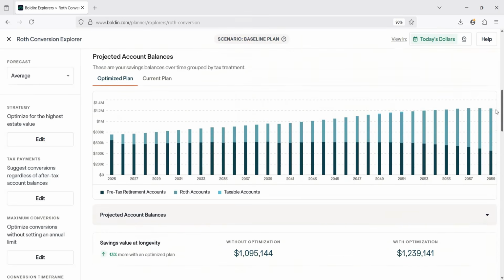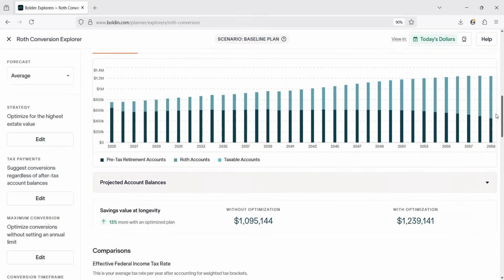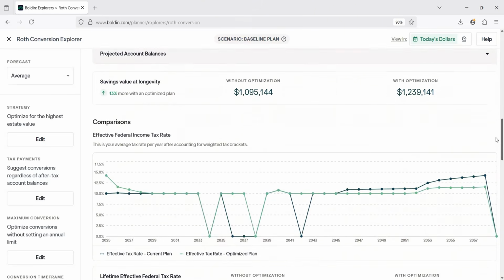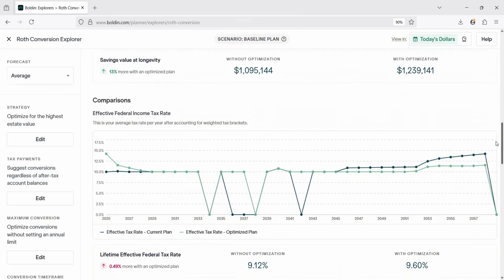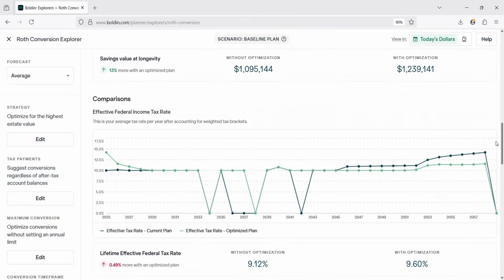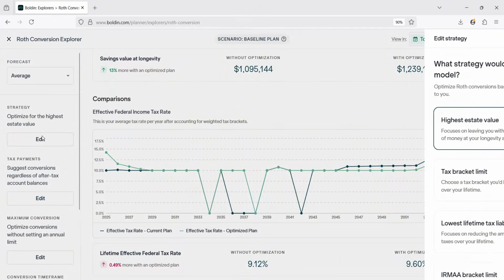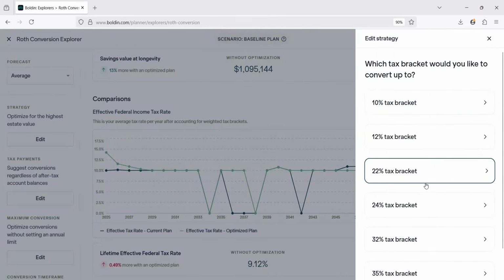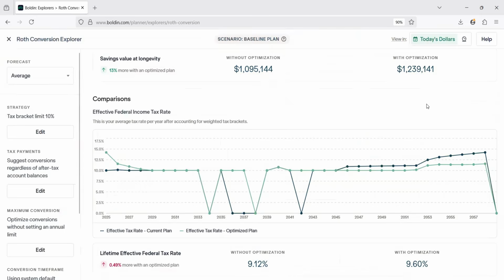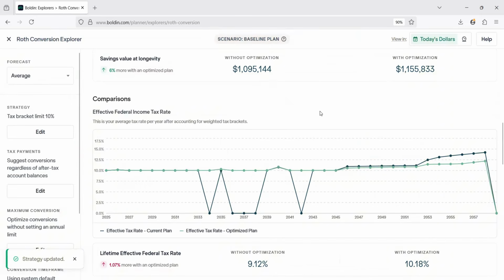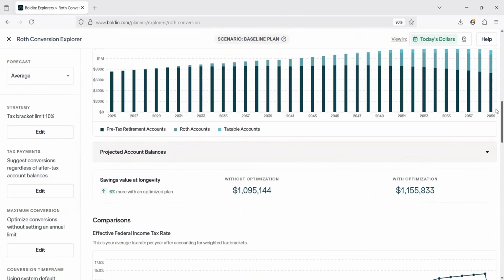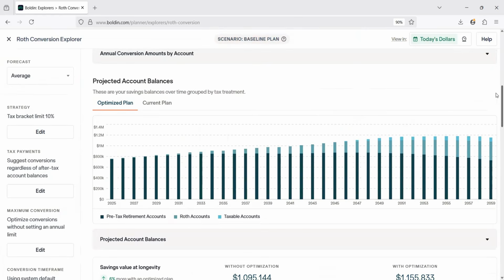That's going to be your optimal scenario, just to convert a third of them. That's going to get you your greatest estate value. Let's take a look and see. We just want to max out a tax bracket at 10%. Okay. So it looks about the same.